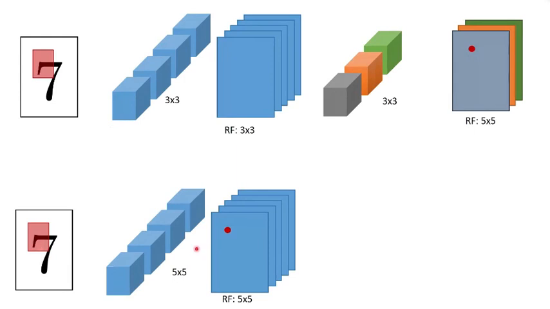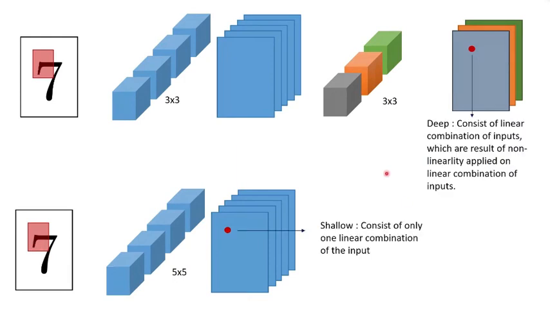But the problem is this one is shallow and this one is deep. What shallow means is that the features here, even if they have a receptive field of 5x5 like this one, are just a linear combination of inputs. This is the output of just a linear combination of input, nothing more than that. Very simple feature function.